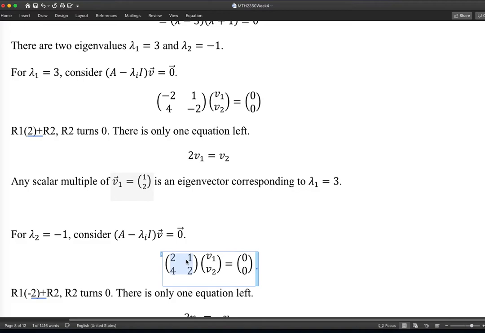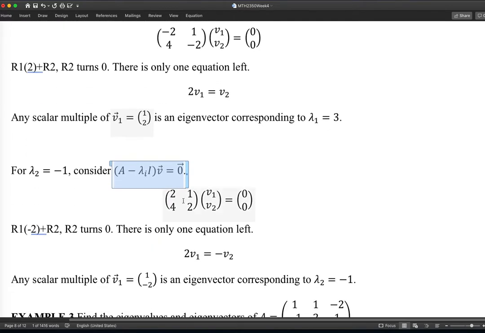So we only have one equation for two unknowns, which means we have many solutions. I hope you remember this system always has many solutions because we already made this matrix singular. It's non-invertible.